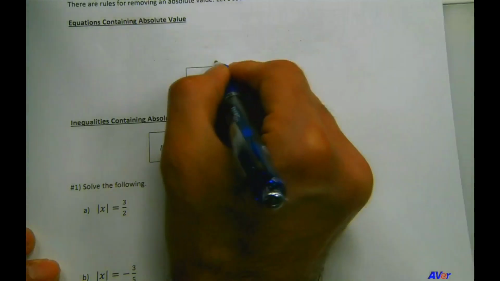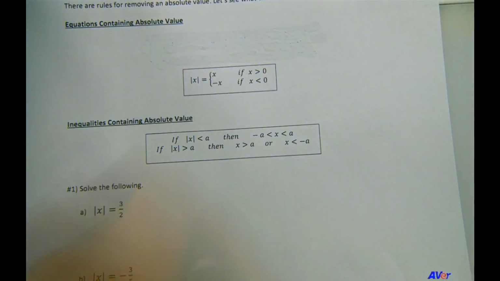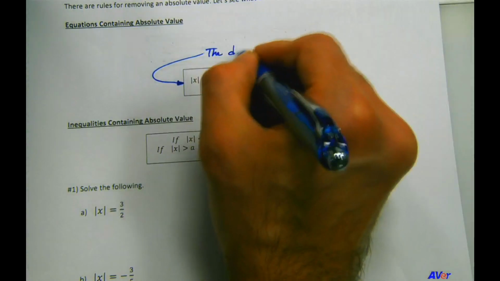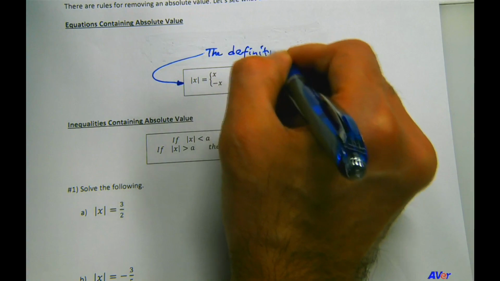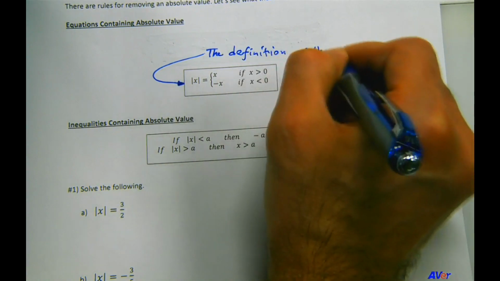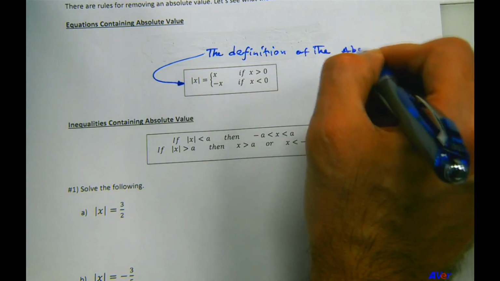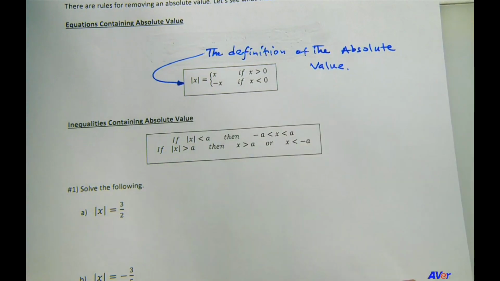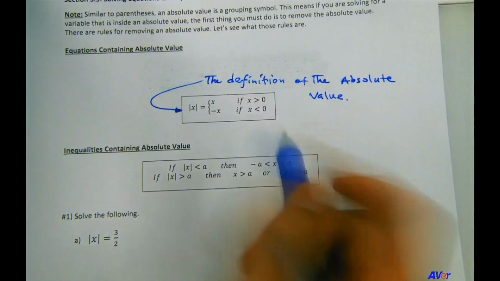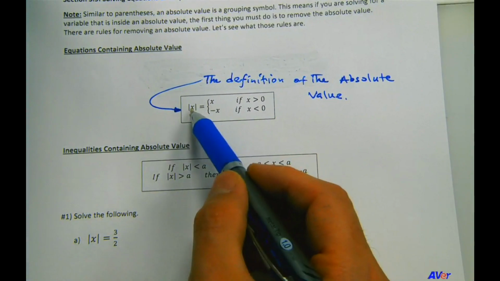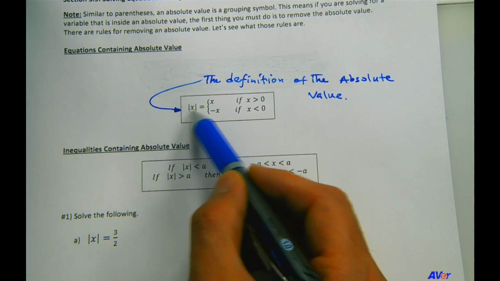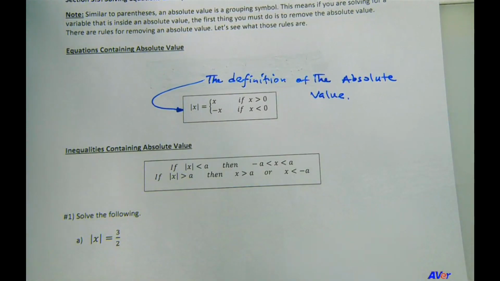So what you see here is the definition of the absolute value. So when we solve for an absolute value expression, whether it's an equality or inequality, the first thing is we need to remove the absolute value notation or symbol.